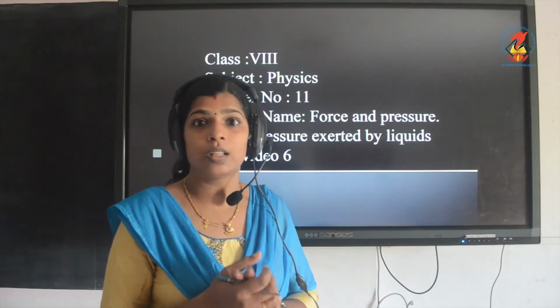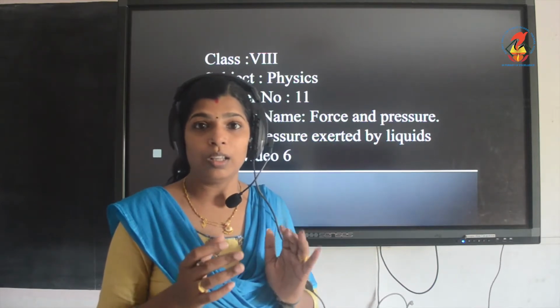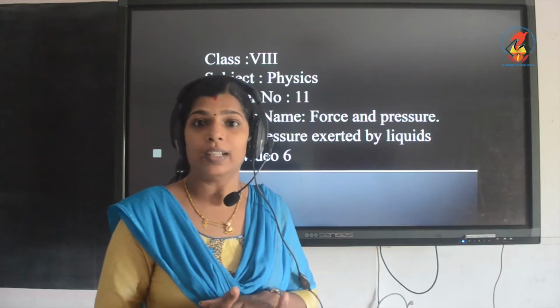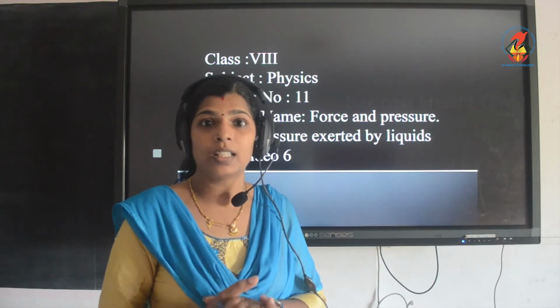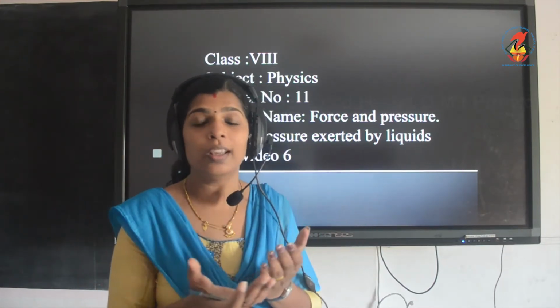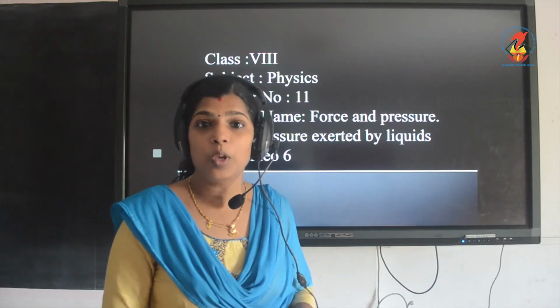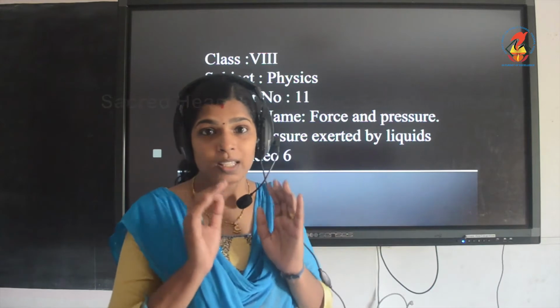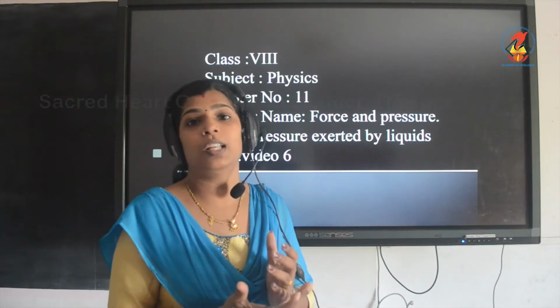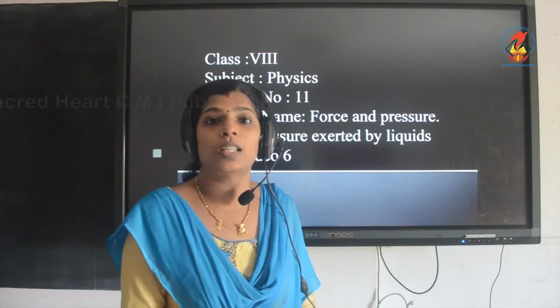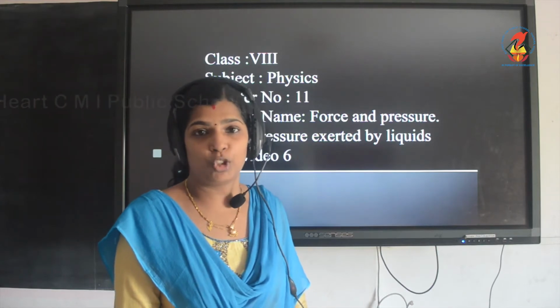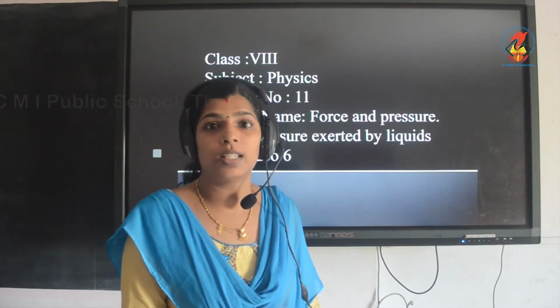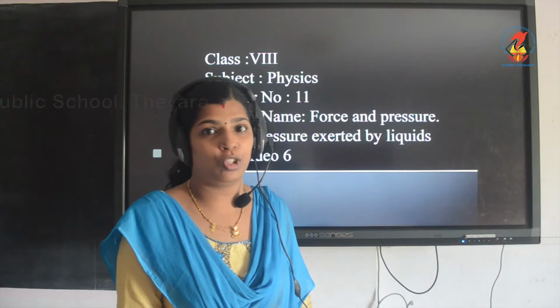Liquids will exert pressure on the base of the container and also on the sides of the container in which they are kept. The pressure exerted on the sides of the container is known as lateral pressure.